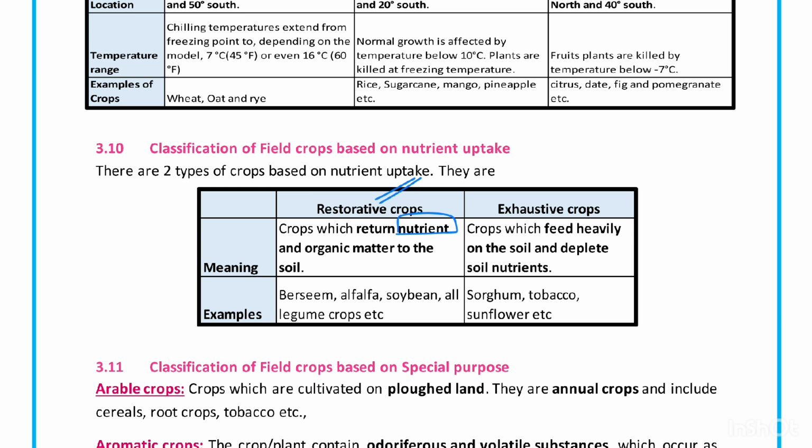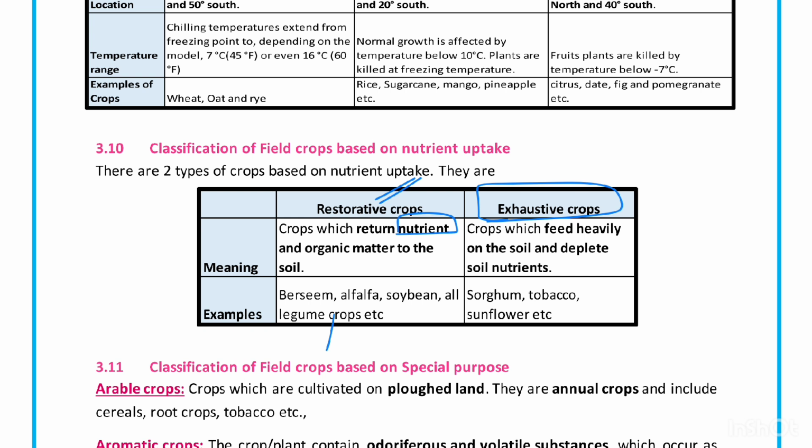While taking the nutrient from the soil, simultaneously it is replacing it into the soil again. So legume can be called a restorative crop because of restoring the nutrient back to the soil. Based on this only, crops have been divided as restorative crops and exhaustive crops.